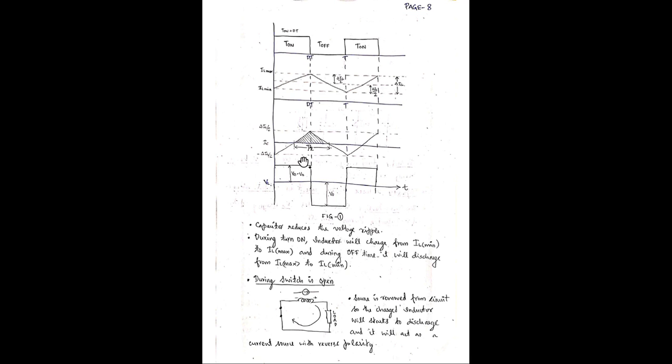The shaded area, this is T by 2 and this is ΔIL by 2. Here it is a triangle, so half into B into H we can take. Base is T by 2 and H is ΔIL divided by 2.